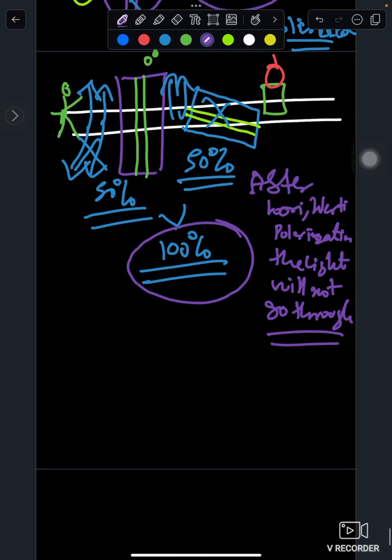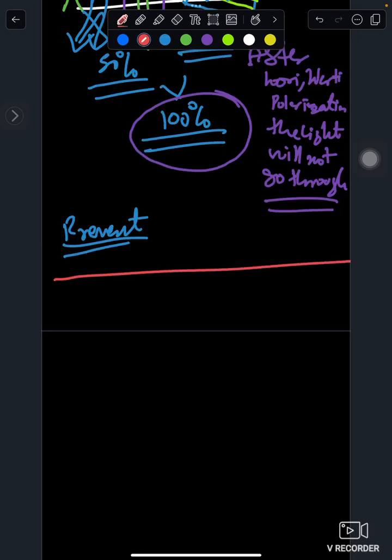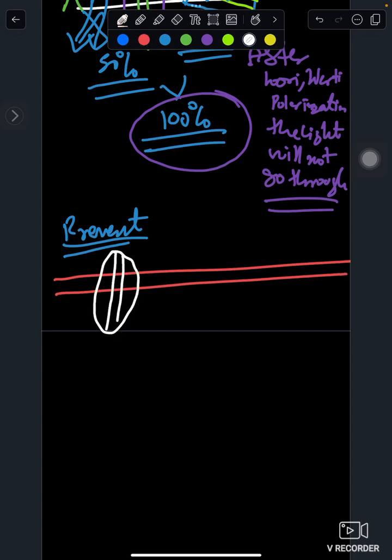But there is an alternative to how we can prevent this, but it's also based on probabilities.